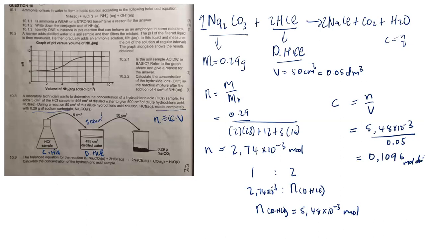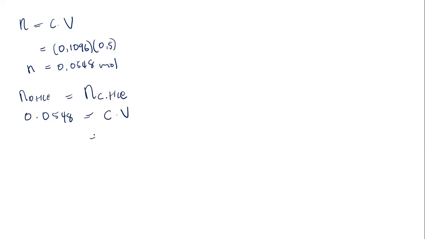How much volume did I use? I used 5 cubic centimeter of this concentrated HCl. So I have C multiplied by volume. I'm going to say 5 divided by 1,000, converted to cubic decimeter. It's going to be 5 times 10 to power -3.